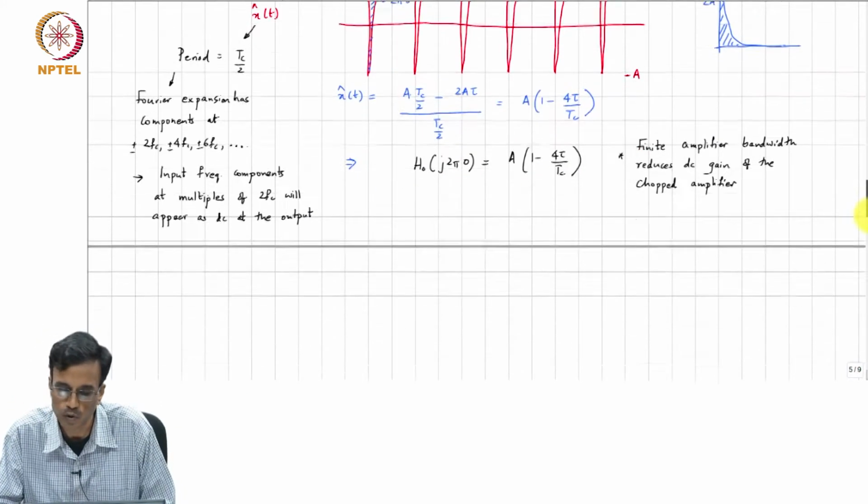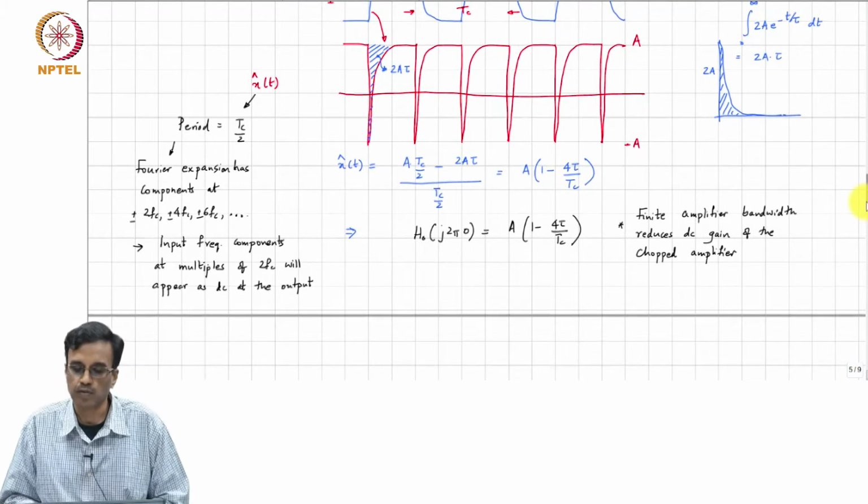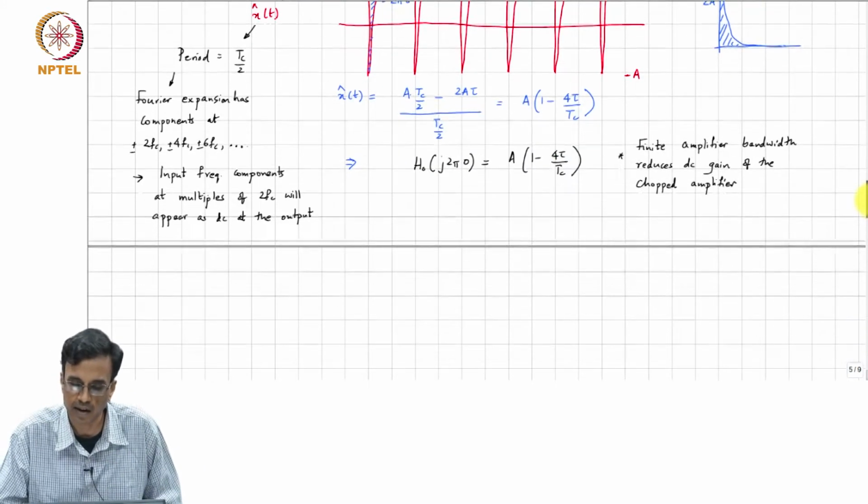Now, we do not do the full Fourier expansion, but let us get an idea.